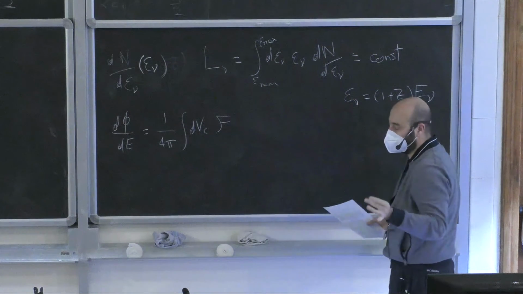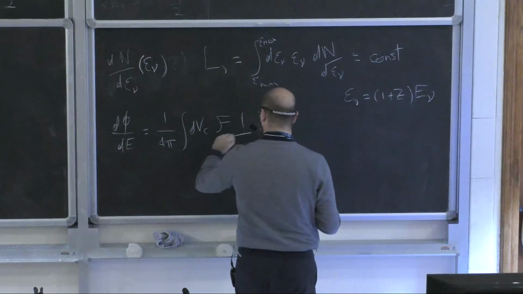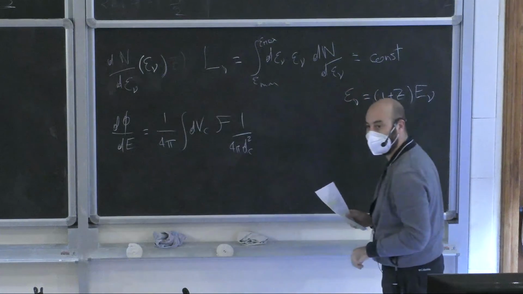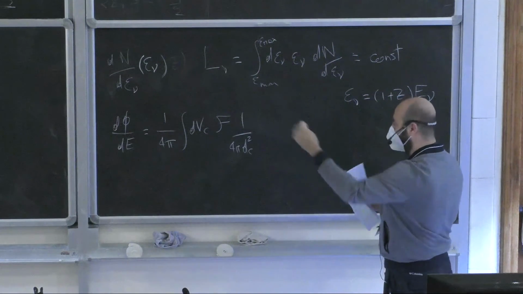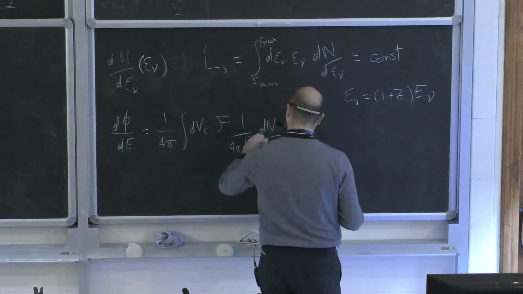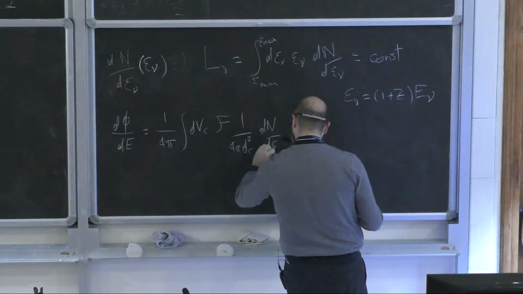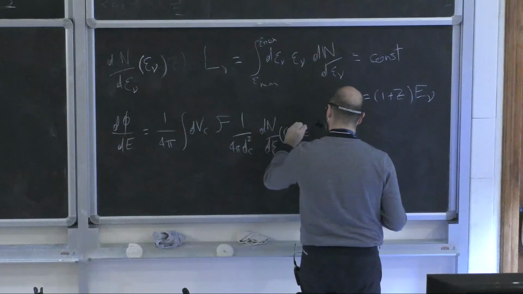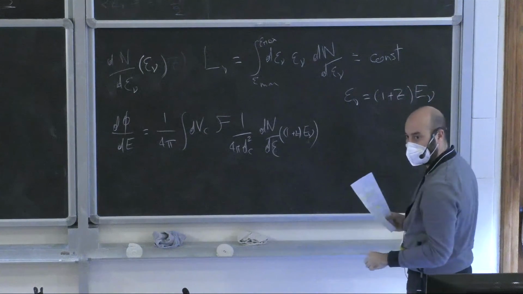This is the typical symbol used in the literature. Then per unit surface, I have to divide by 4 pi d comoving squared, where d is the distance. And then I have dn over d epsilon, computed at 1 plus z times E nu, which is the energy that I see at the Earth in IceCube, say.